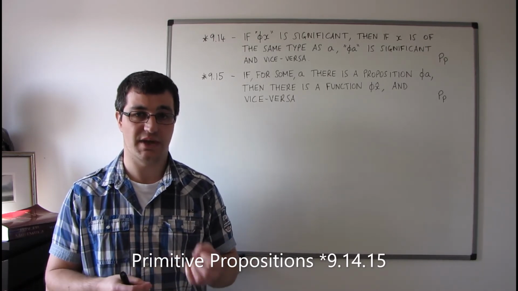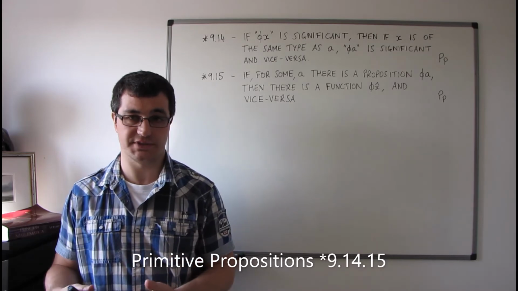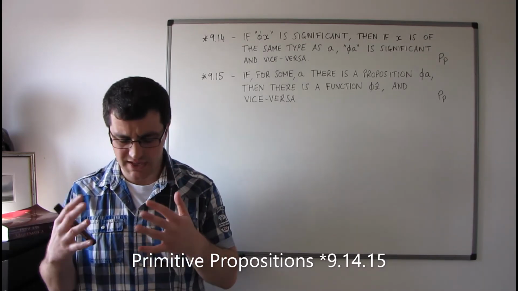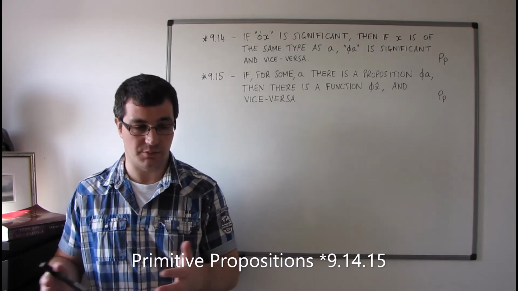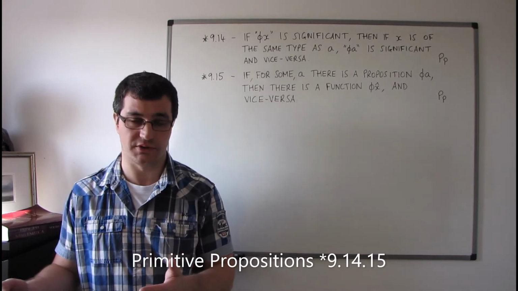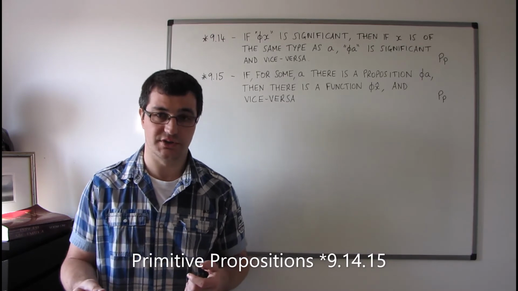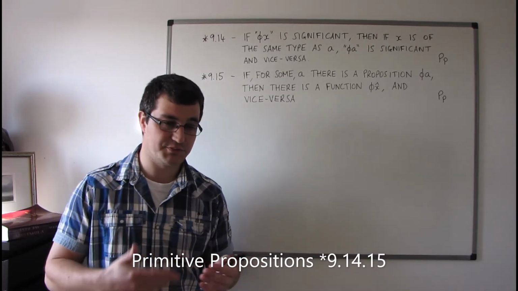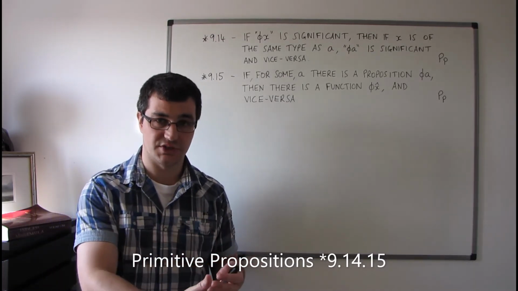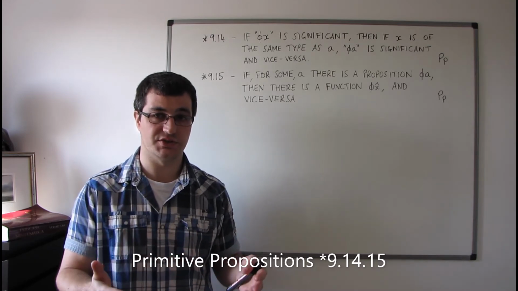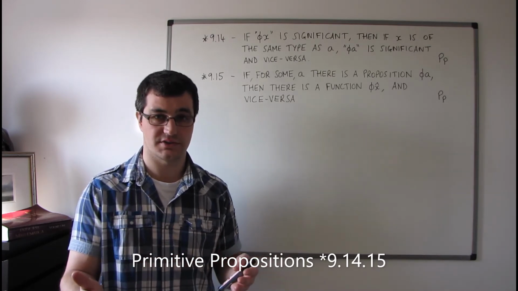Significant propositions may be true or false, but meaningless expressions, because they're not propositions, are neither true nor false. So all we're saying is that every function must produce some propositions which are capable of being judged as either true or false.